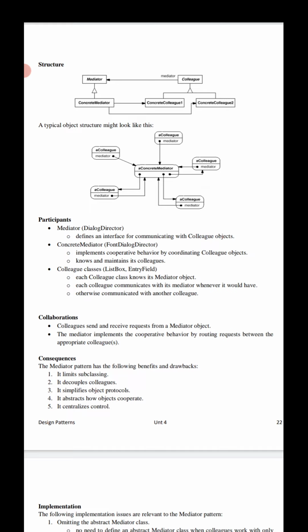And coming to the colleague classes, the subclasses here are concrete colleague 1 and concrete colleague 2. In these colleague classes we study the list box and entry field. Each colleague class knows its mediator object, and each colleague communicates with its mediator whenever it would otherwise have communicated with another colleague class.